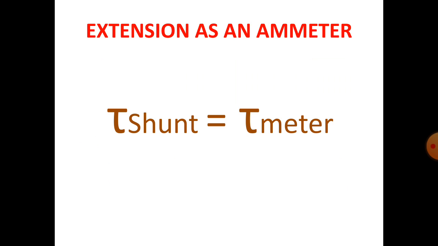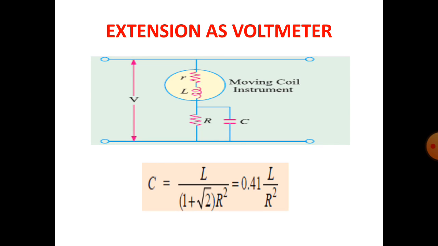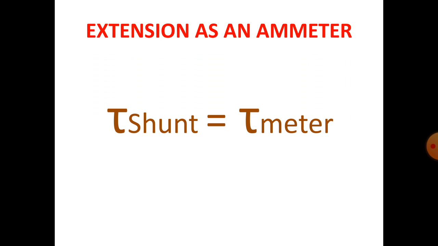In order to overcome this problem, an inductance is connected in series to a low valued resistance, which is connected in parallel, that is shunt, to the basic dynamometer type instrument as shown in the figure. So here we have to connect in parallel, in shunt.